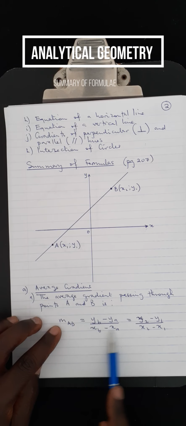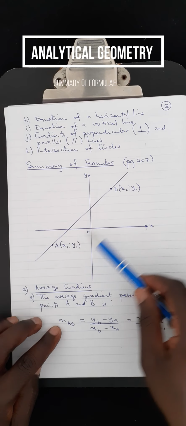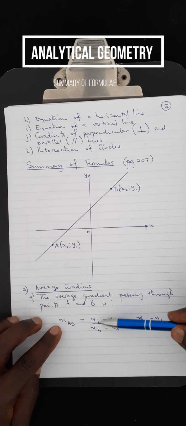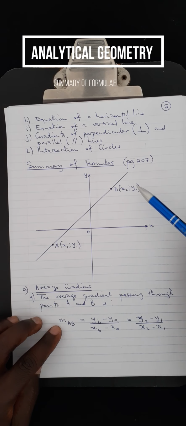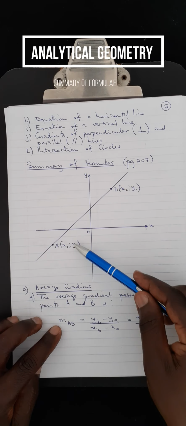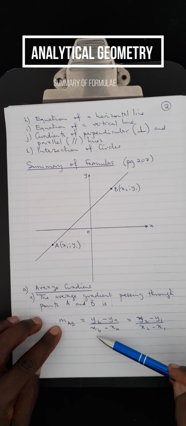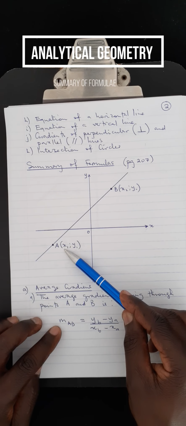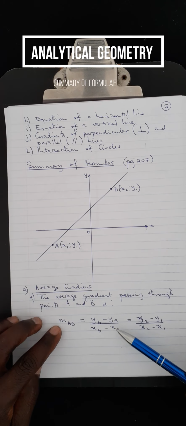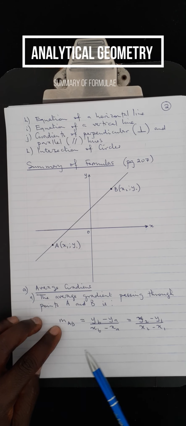What this basically means is we subtract the y coordinates. We take the y coordinate of B, that's what YB means, and subtract the y coordinate of A. And then divide that by the x coordinate of B minus the x coordinate of A. So it's YB minus YA over XB minus XA.